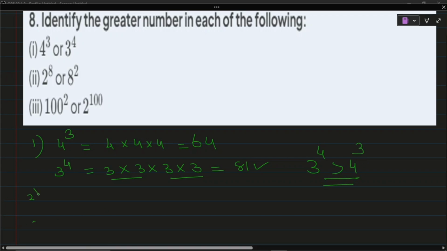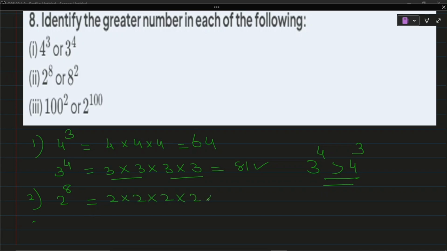Now the second question, 2 raised to 8. First we will take 2 raised to 8, that is 2 repeating 8 times. This exponential number means continuous multiplication. 1, 2, 3, 4, 5, 6, 7, 8. Now this 4, then again 4, again 4, again 4.